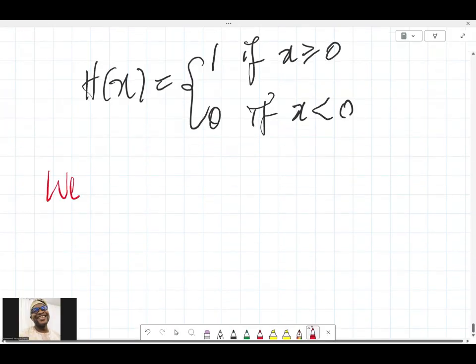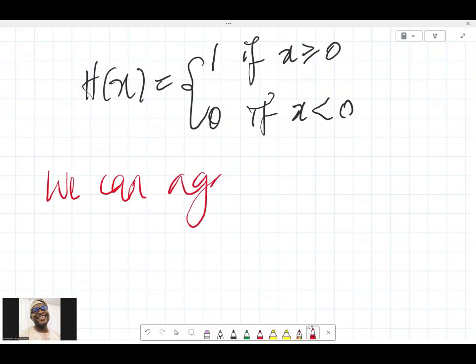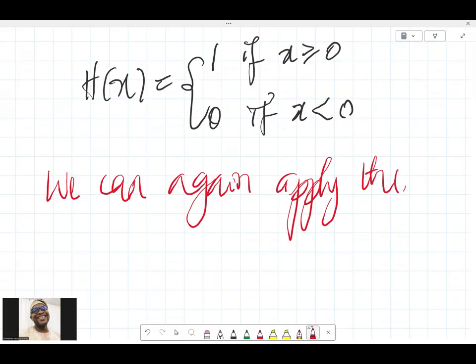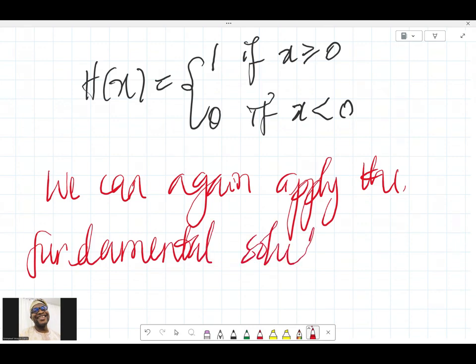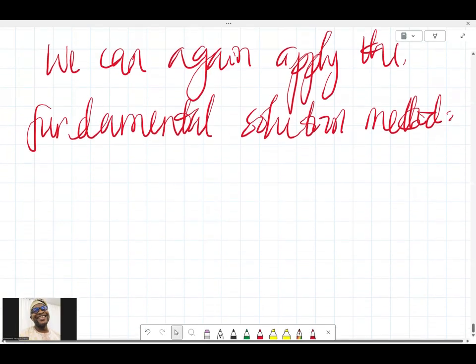We can again apply the fundamental solution method. So it means fundamental solution is another method for solving the heat equation apart from separation of variables, which we've seen already.